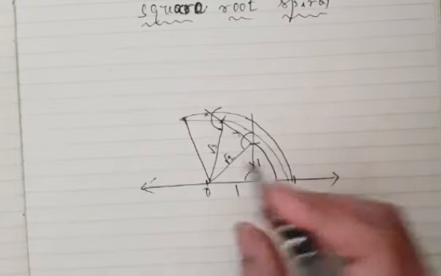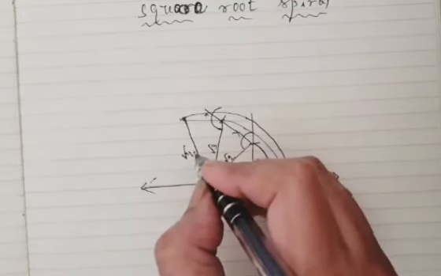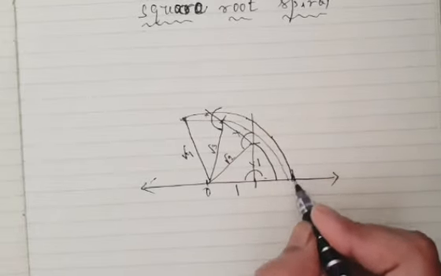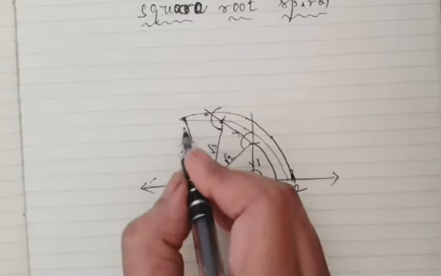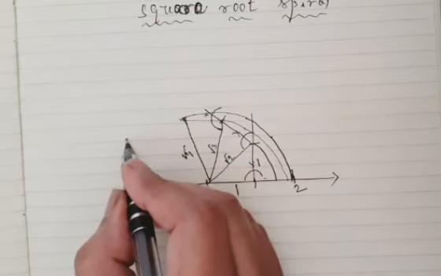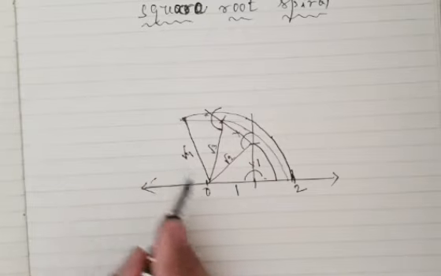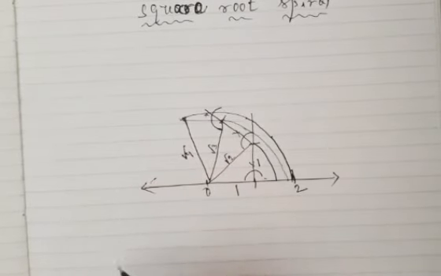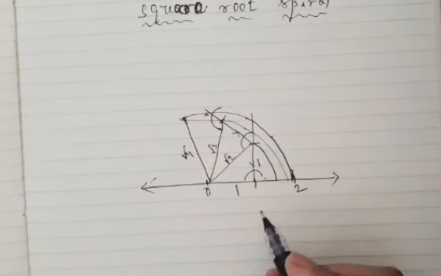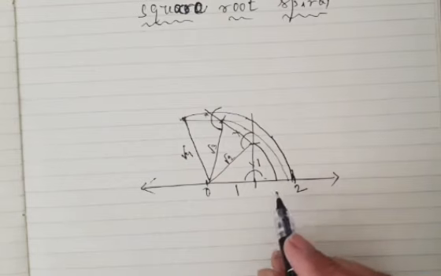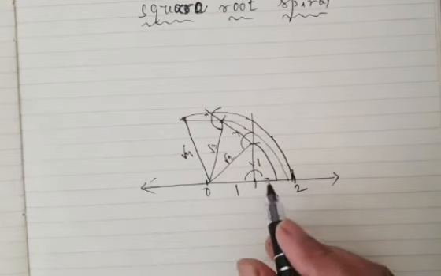Now since this point is root 4, that is 2, your arc must coincide with the point 2 also. Then again you construct 90 degree, draw the perpendicular, cut 1 unit length, then you join. Like this you continue your process, which gives you the shape of a spider net, and that is why we generally call it the square root spiral. Okay, with this much let me conclude here.